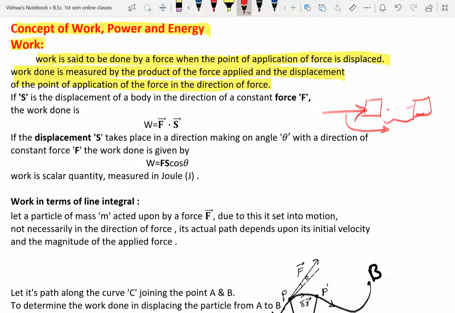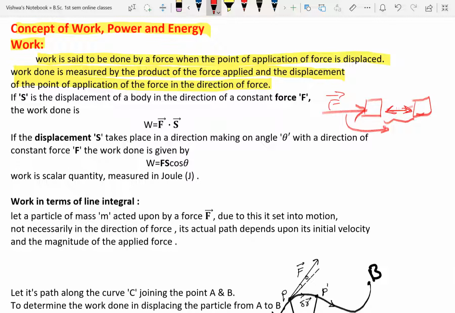Only when the point of application of force is displaced do we say that work has been done. And work done is measured by the product of force applied and the displacement, not the distance, the product of force and the displacement.